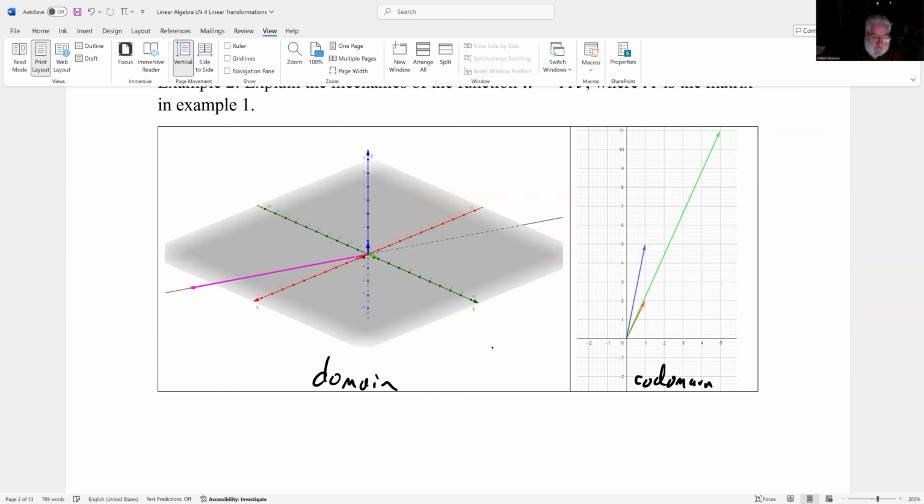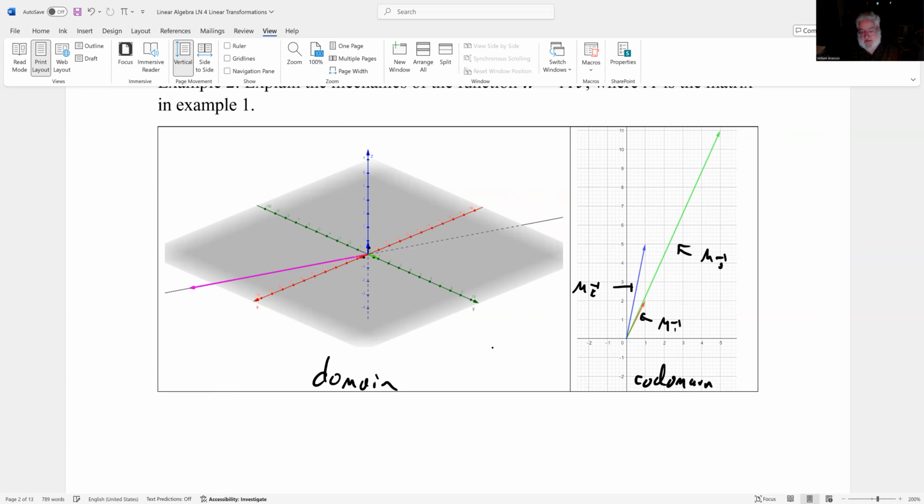Red, green, and blue are our 3 unit vectors, i, j, k. Where do they go to in the codomain? Well, red is M times i, blue is M times k, and green is M times j.